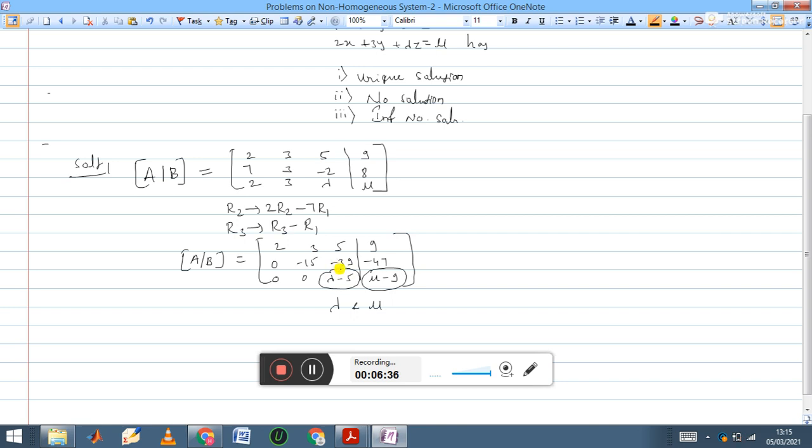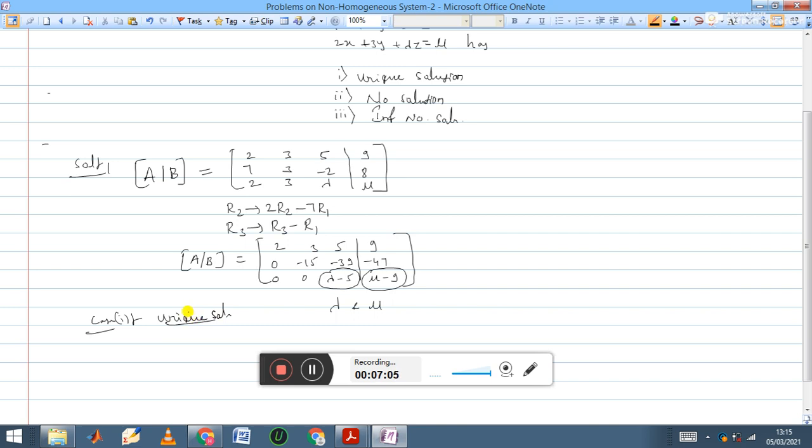Then what is the first condition they have given? First condition is unique solution. So we need to discuss case 1. Case 1 is unique solution. To get unique solution, your condition is rank of A equals rank of AB equals number of unknowns.